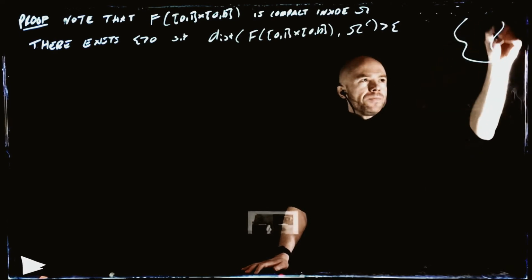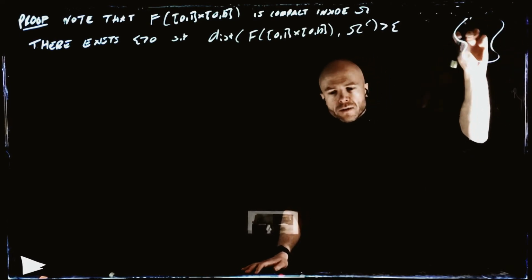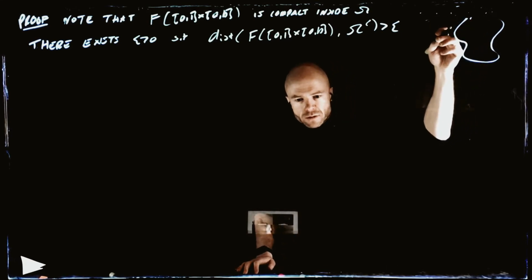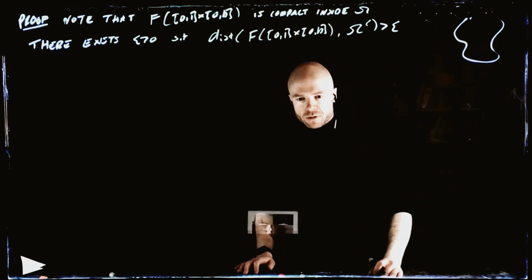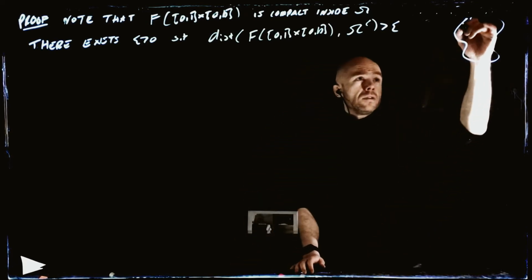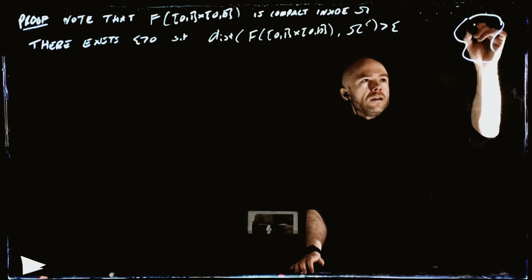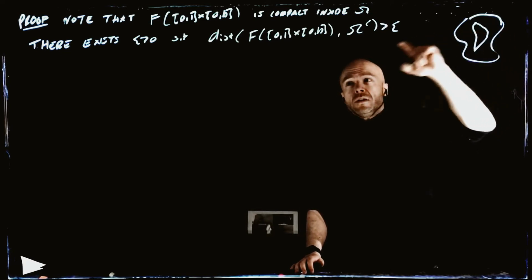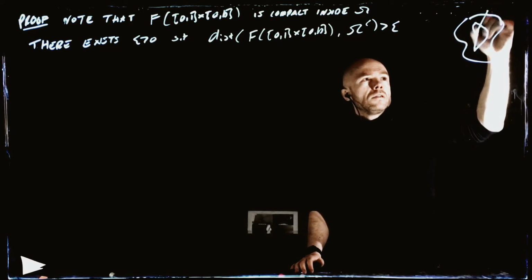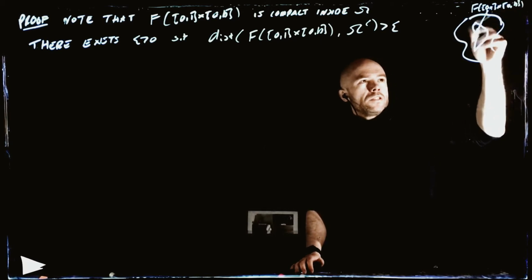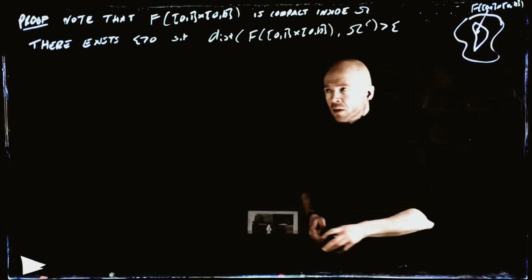If we have an open set, and a compact set inside it, then there's a strict distance between the compact set and the complement of the open set, just by the compactness argument. So F of this thing will kind of look like this, is strictly inside.